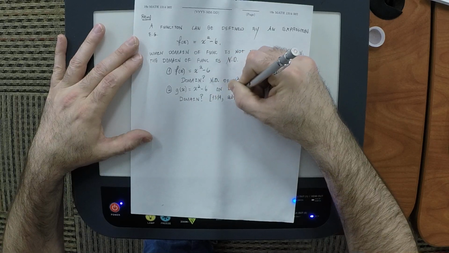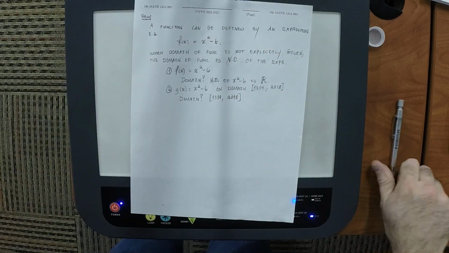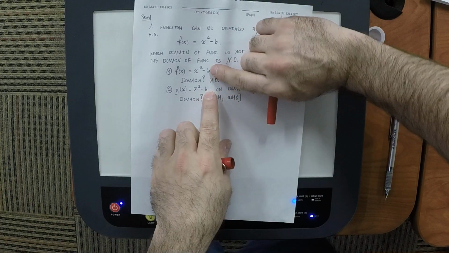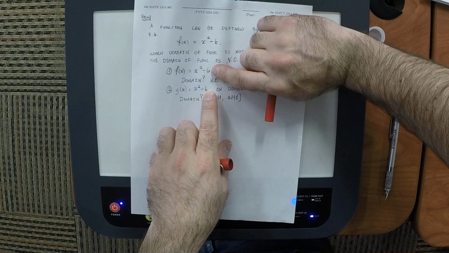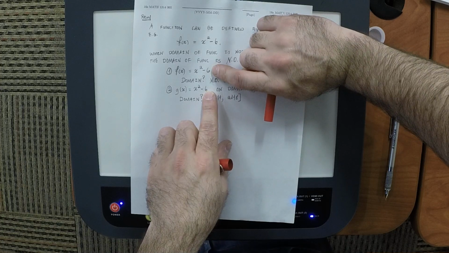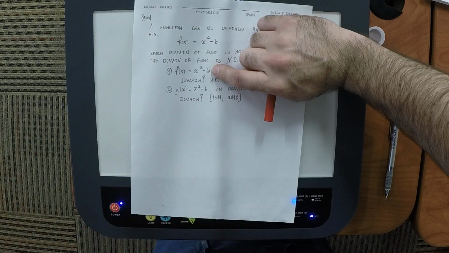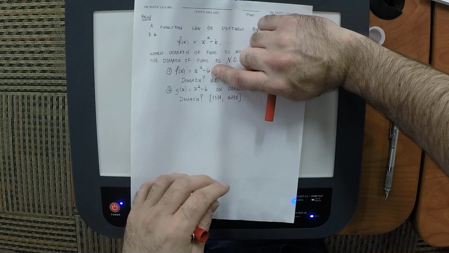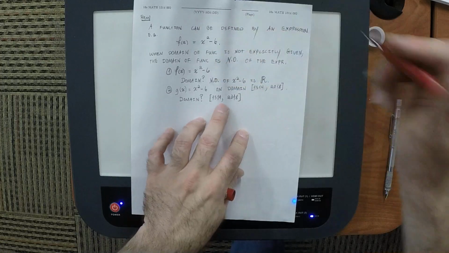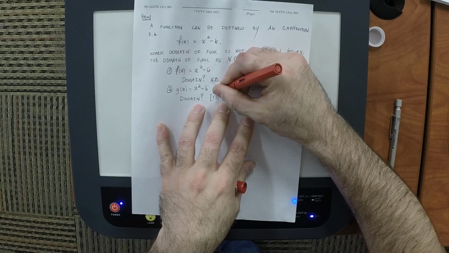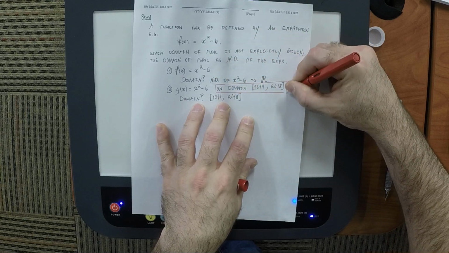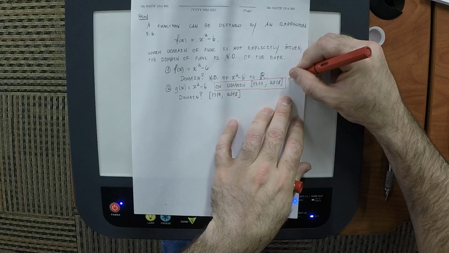To be clear about the distinction here, notice that these two functions are defined by the same expression. They're both defined by x squared minus 6. When you give an input, the function says, okay, thanks, and then it calculates x squared minus 6. However, for g, this is the explicit domain.